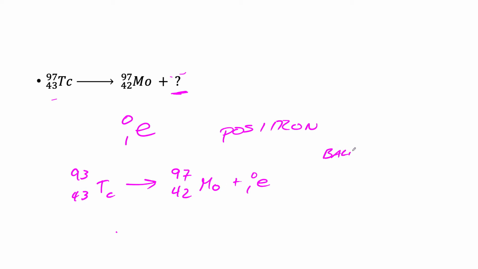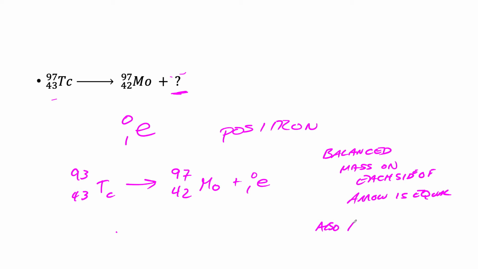Again, to be balanced, the mass on each side of the arrow is equal. Also the atomic number. And that's the sum. If you only have one nucleus on the left-hand side, you only have one. If you have two, you need to take care of two.